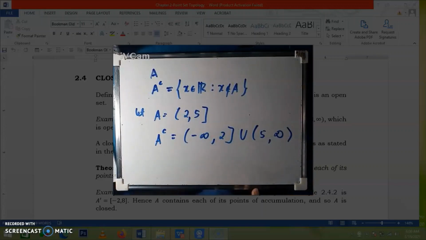So this is our complement of the given set. Also recall that A is open if and only if it contains all of its interior points.